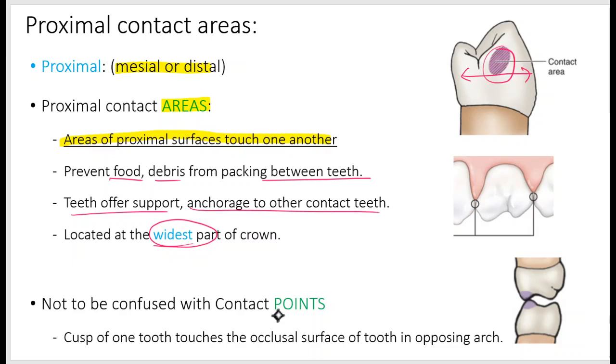These are not to be confused with the contact points, right? They have points and we have areas. So the contact points are the points where a cusp from one tooth touches the cusp or the occlusal surface of the other tooth on the other arch. So that's just not to get confused with these.